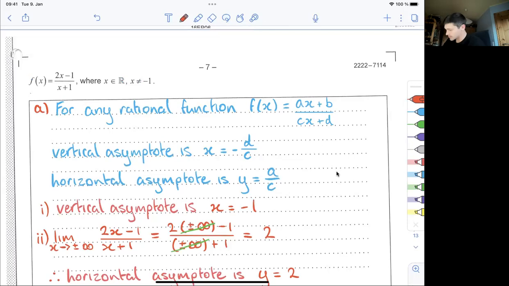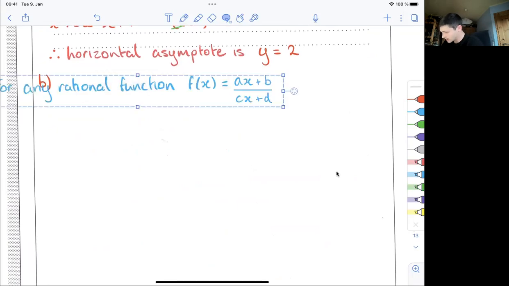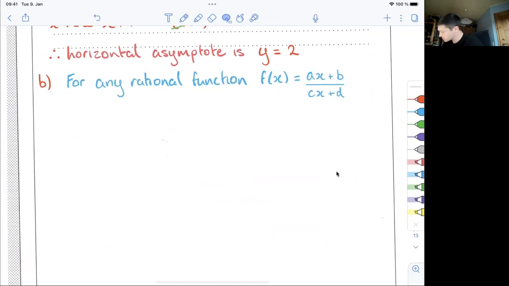So I'm going to copy this for any rational function. Let's bring this down. So for any rational function, the x-intercept is going to be as follows: negative b over a, comma 0.